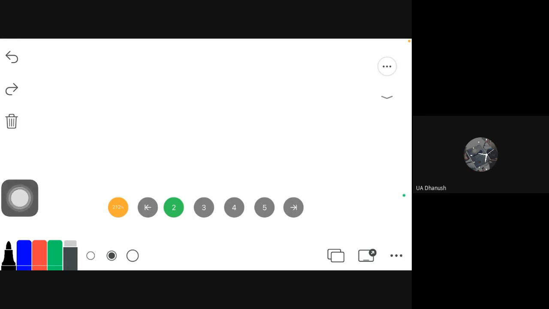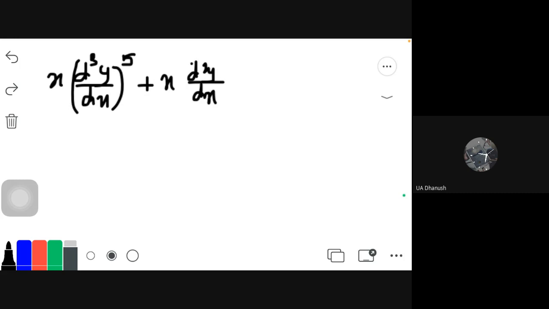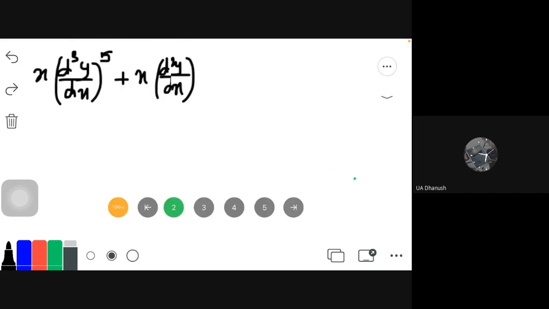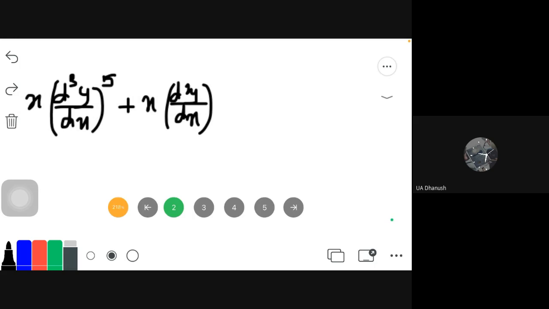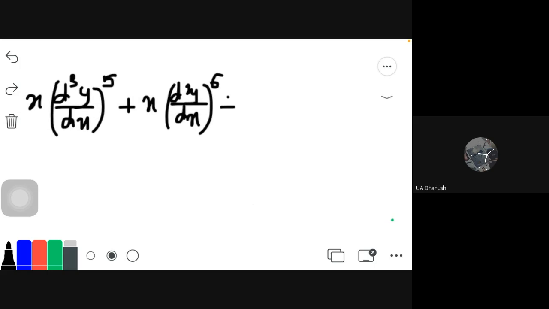Let's take one more example to understand degree and order. So I have an equation something like this: x (d cube y by dx cube) raised to 5 plus x (d2y by dx square) raised to 6 plus y equals 0. Now the highest order is this, where you have to take derivatives 3 times.